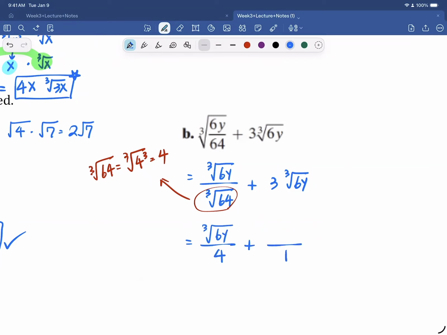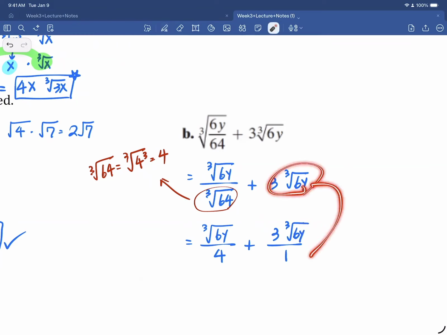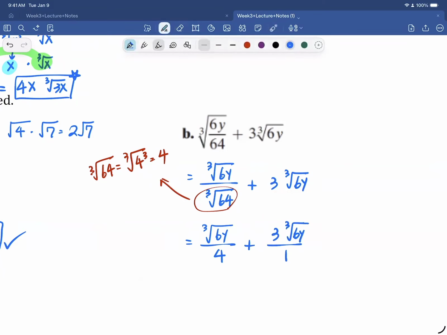And then I'm going to make a fraction, 3 over 1, because I'm adding these two fractions. So we have to find the common denominator between 4 and 1, which is 4. So times 1 here, and this is times 4.